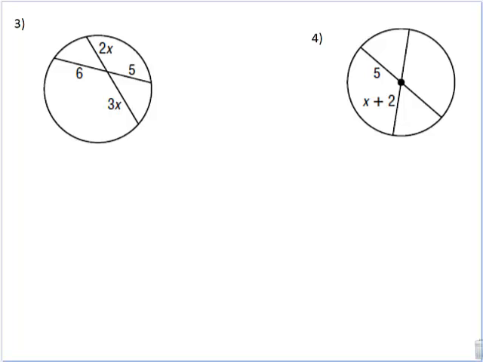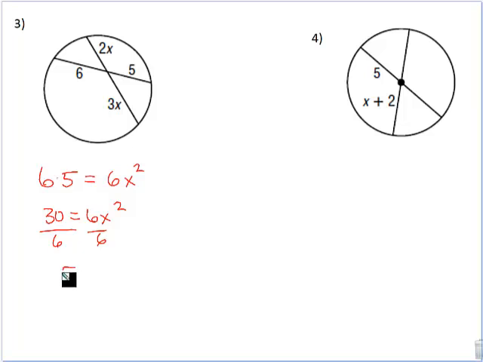Okay, how about this next one? Okay, so 6 times 5 is equal to 6x squared. Yep, 3x times 2x would be 6x squared. Yep, 30 is equal to 6x squared.